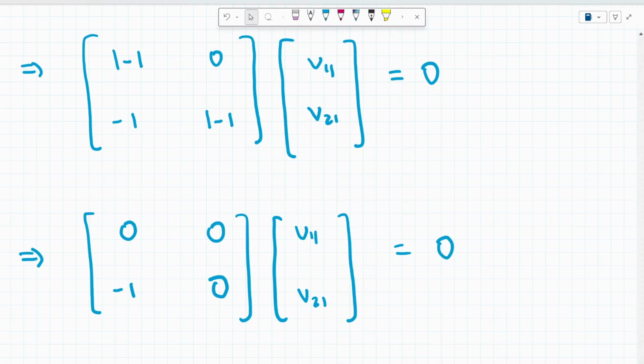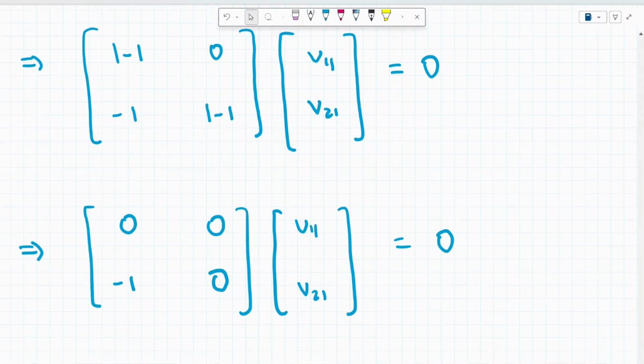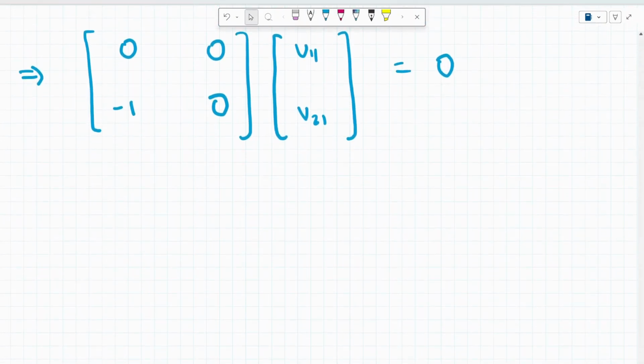So this is actually good practice for us all to perform matrix multiplication. Just a heads up, matrix multiplication cannot always be performed. There are certain conditions about the dimensions of the two matrices that have to be met in order for this to be allowed.